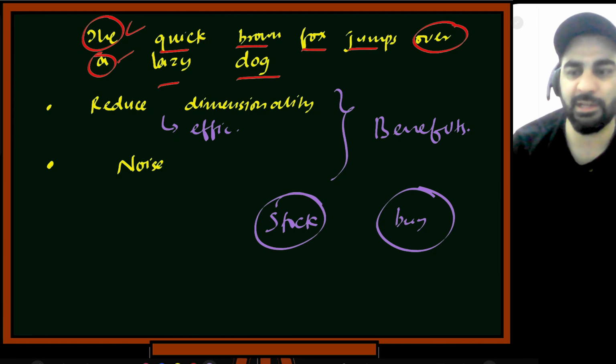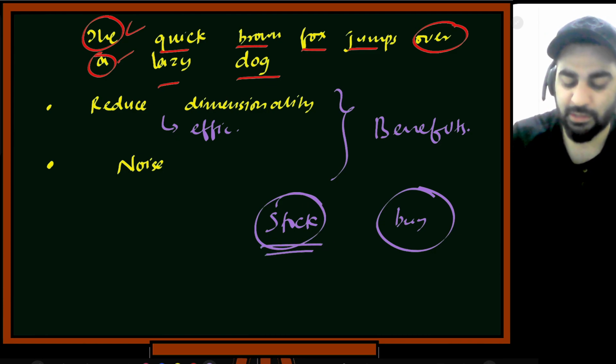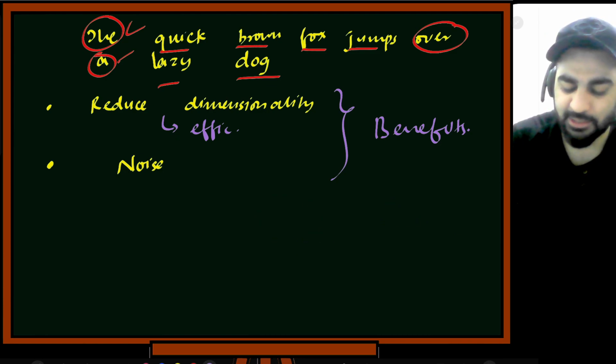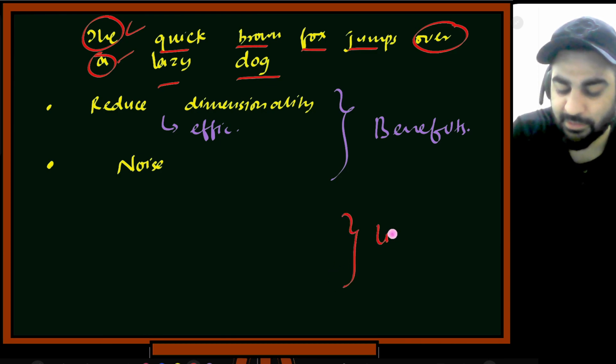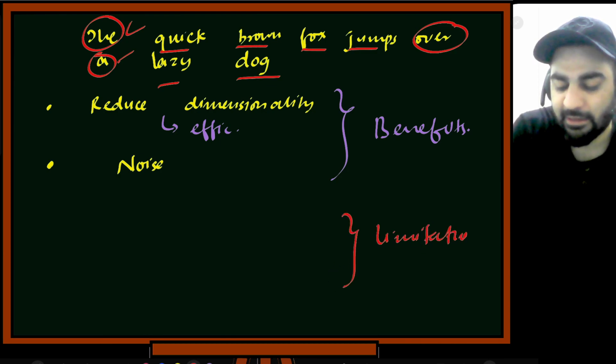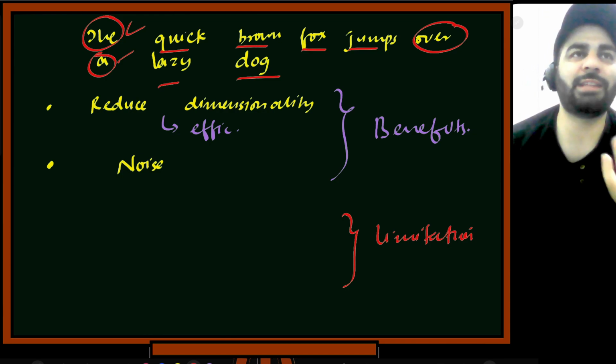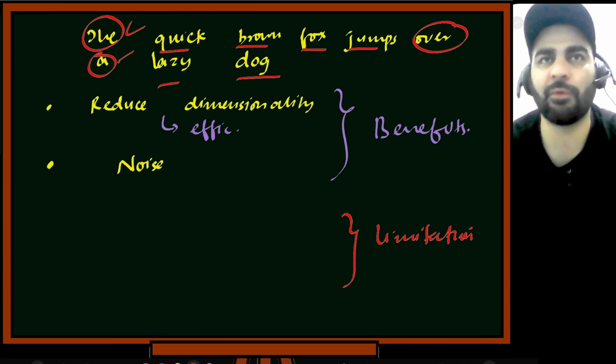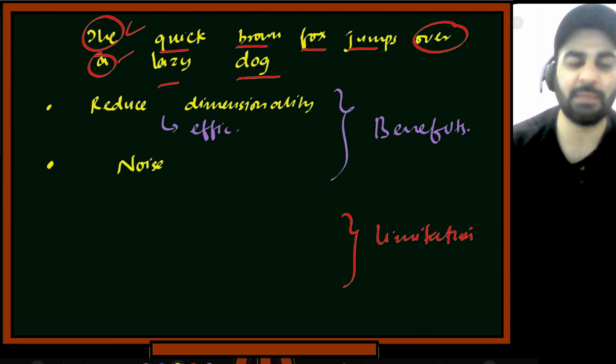If your documents are financial, it is better not to remove these words. So I'll also give those limitations. Everything will have them, but the point is that when you use these techniques, heuristically you see how they perform overall, and in some tasks they perform really well.